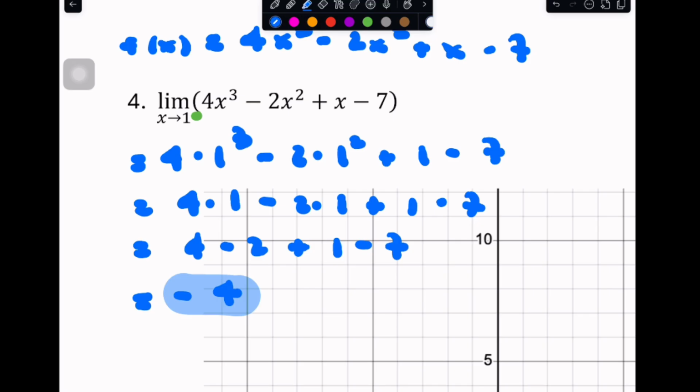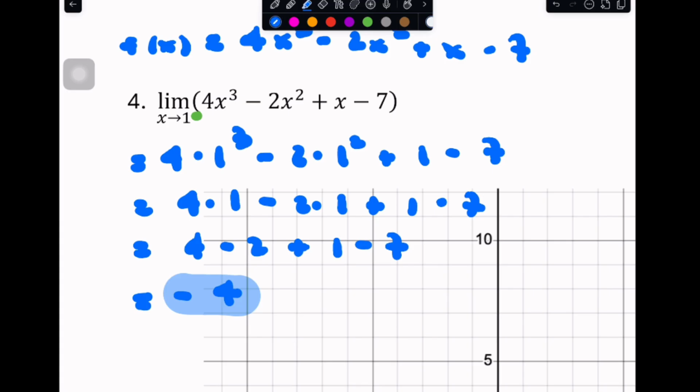Although on a test, if they say, please evaluate this limit, and you see a polynomial, you say, oh my God, I just use order of operations. I evaluated this. You do not have to graph this. You're not going back to 260 and asking how you graphed 4x cubed minus 2x squared plus x minus 7. You're using order of operations.